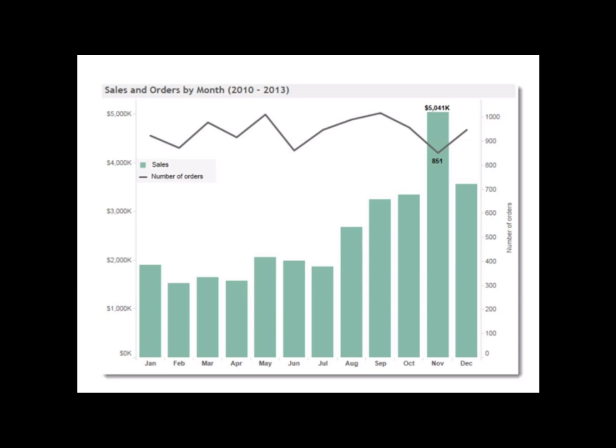So in this case, the first y-axis is represented by bars, and your second y-axis is represented by the line. That makes it a little bit easier for your user to understand that you're looking at two different units of measure.